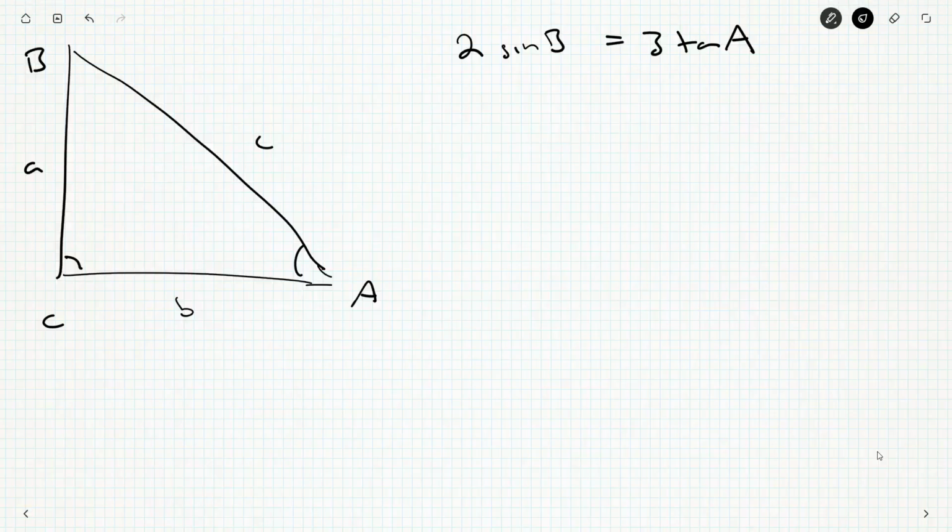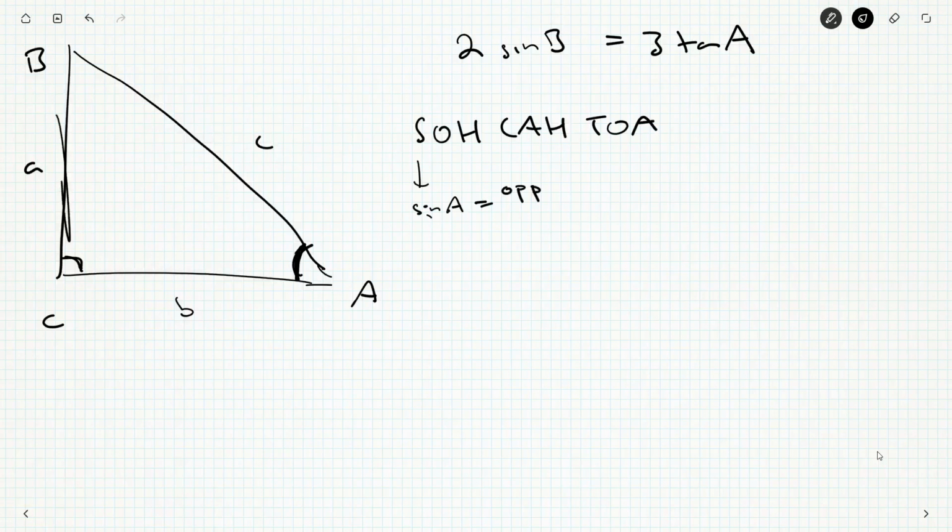Now, because we've got a right angle triangle here, we might remember SOHCAHTOA, which tells us that if I have a particular angle, not the right angle, in a right angle triangle, the sine of that angle is the opposite side over the hypotenuse. Similar rules give adjacent and hypotenuse, and opposite over adjacent, which gives us the tangent.